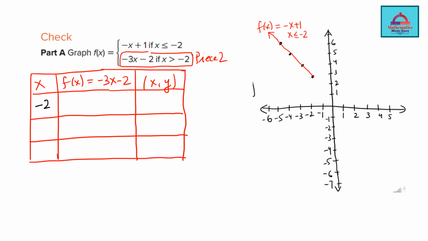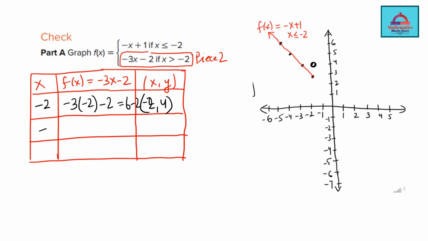At x equal to -2, what is happening? It is not included. So the value is minus this, which is equal to 6 minus 2 equal to 4. So the point is -2, 4, and this point is not included. So there will be an open dot at -2, 4, which means this point is not included in the domain.